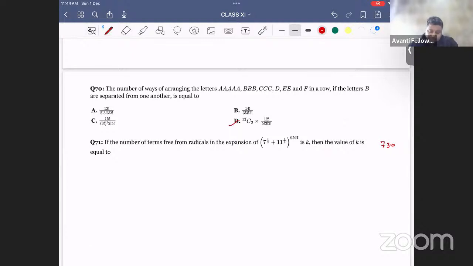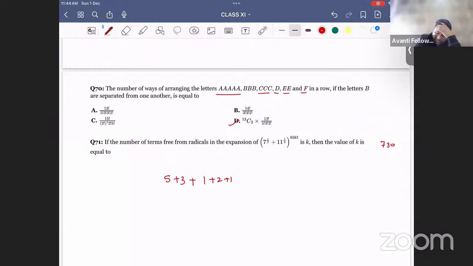Now, the number of ways of arranging these letters in a row if the letter B are separated from one another. Alright. So to separate letter B, first of all, you arrange all the other letters: 5A, 3C, 1D, 2E, 1F. So 5 plus 3 is 8, 1 is 9, 10, 11, 12.